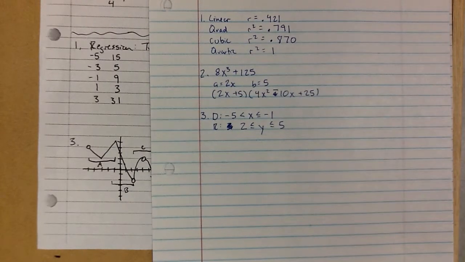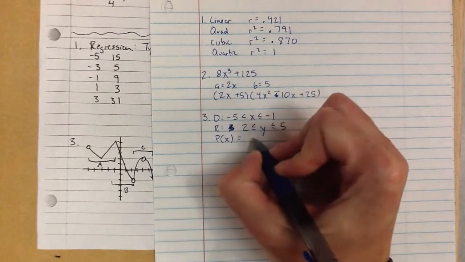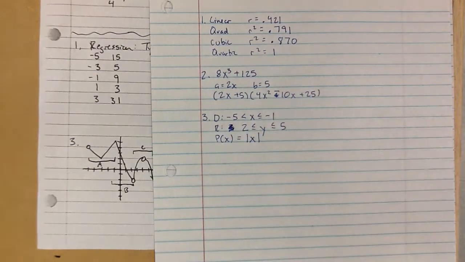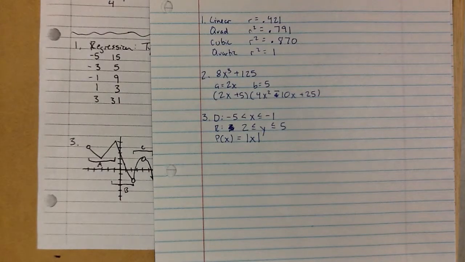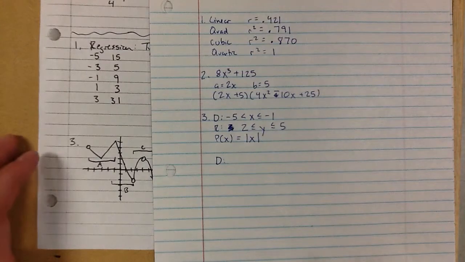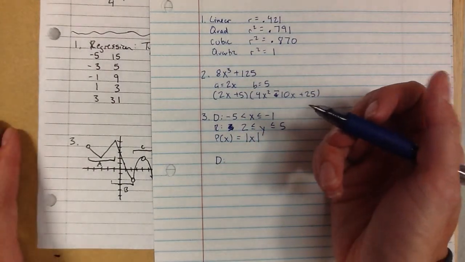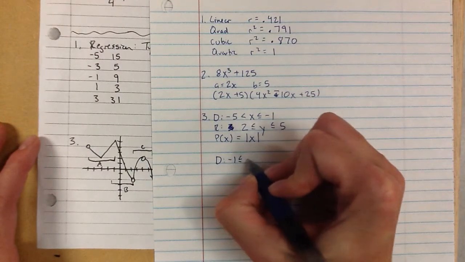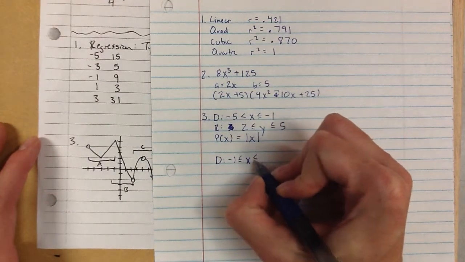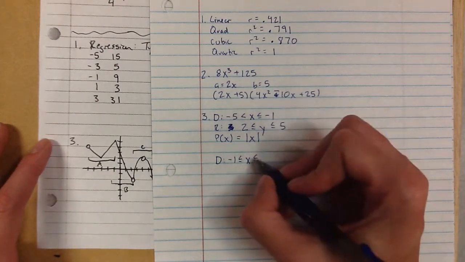Okay. So what is the parent function of section A? Absolute value. Good. So your parent function, absolute value of x. All right. What about section B? What's the domain for section B? Where does it start? -1, less than or equal to x, less than 2, not equal.